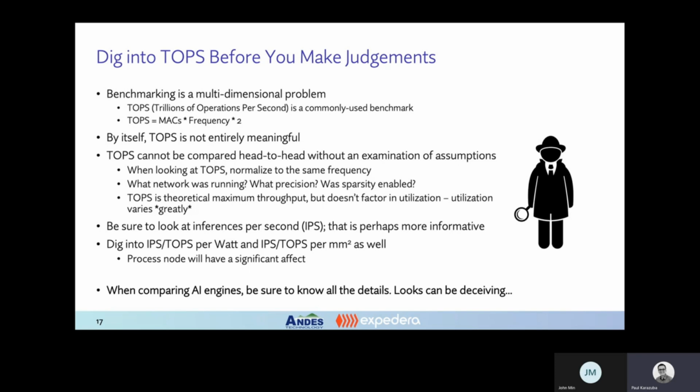I mentioned earlier the 20 to 40% number. Now, it is fair to say that many AI engines have utilization that might be stated at, let's say, 65, 70%. However, that's generally in a sweet spot of that particular accelerator, let's say 4 TOPS or 5 TOPS.